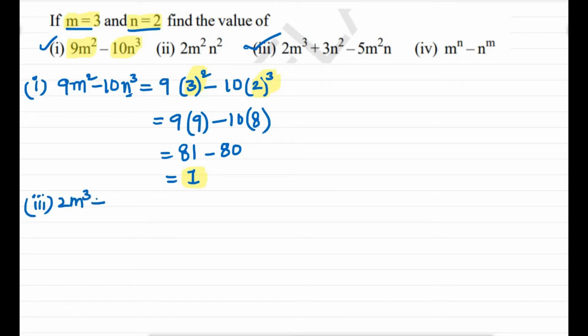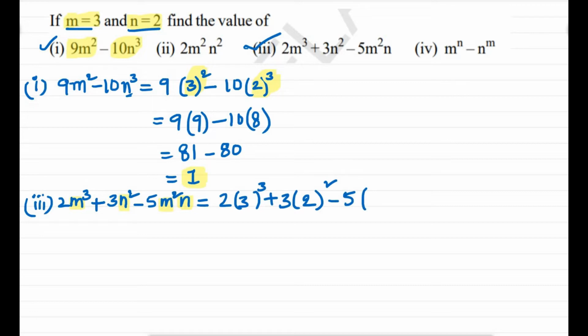2m cube plus 3n square minus 5m square n is equal to, substitute m value here. What is the m value here? So here the m value is 3 given, n value is 2. So replace with the corresponding values. So here m is 3, so 2 into 3 cube plus 3 into n square, n value is 2, minus 5 into m square is 3 square into n, n value is 2.